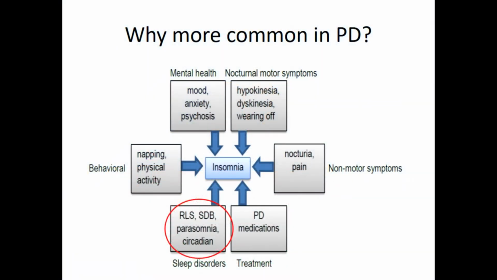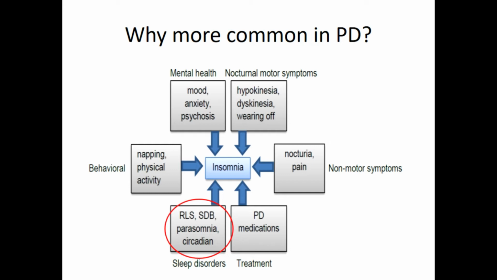Finally, there are certain types of sleep disorders, like restless leg syndrome, that can be a creepy crawly sensation that someone gets while they're immobile late into the evening, that can present with a lot of difficulty falling asleep. That's about 30% in patients with Parkinson's compared to about 10% in people who don't have Parkinson's.